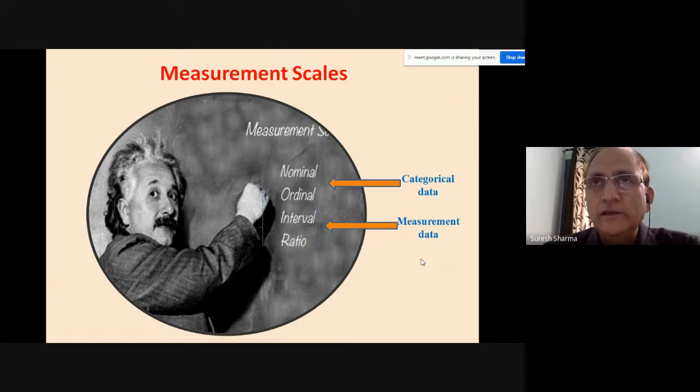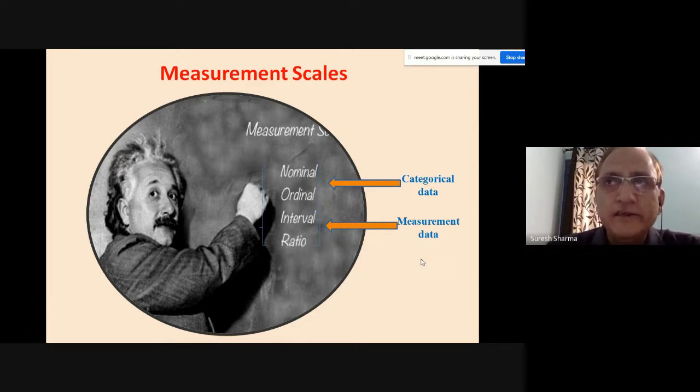Similarly, you can have, let's say, rural and urban. People belong to rural class, people belong to urban class. So it is simply a label. So bottom line is, if there is equal preference to each and every category, then we say that our data belongs to the nominal scale. Just like religion.